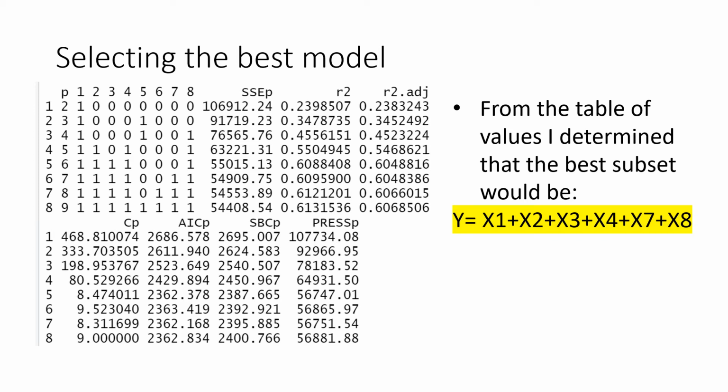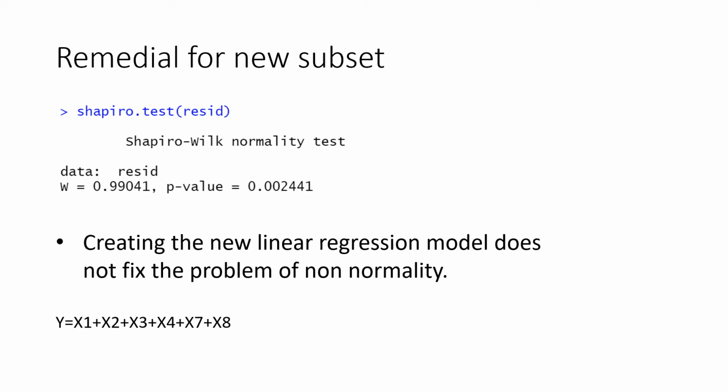And through the best subset algorithm, I found that the best model would be removing X5 and X6, so that it would be Y equals X1 plus X2 plus X3 plus X4 plus X7 plus X8. After finding the subset, I did an analysis of the subset and found that doing this does not fix the problem of non-normality.